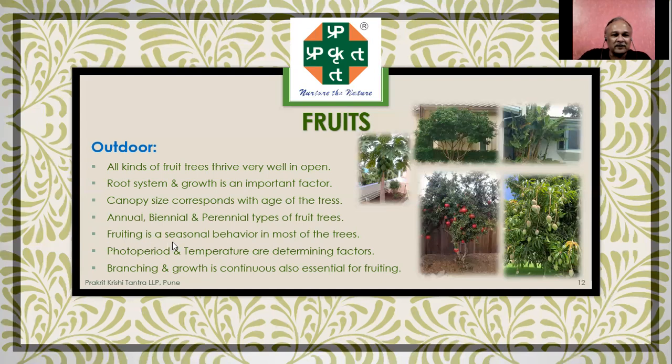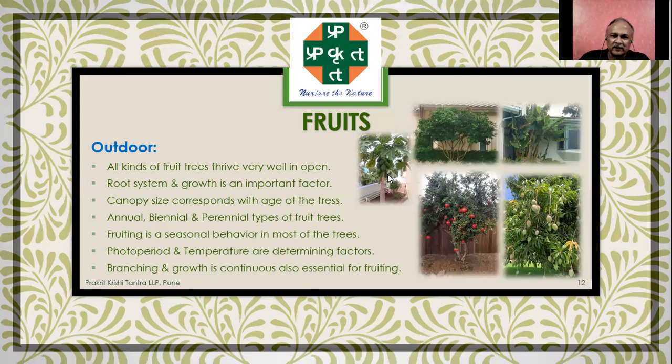Then fruiting is a seasonal behavior. So you have to see which season you want the fruit, and again, season and region is important. Photoperiod and temperature, all those factors are to be considered. And the branching and growth type, continuous and compact, like guava, pineapple, etc., continuously grow.